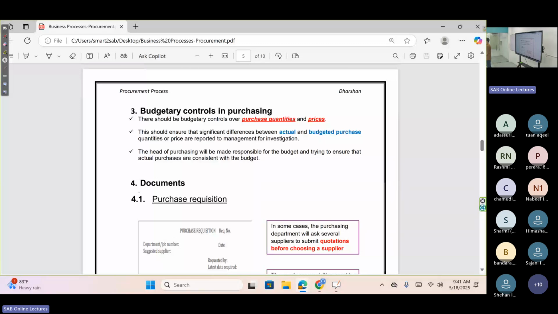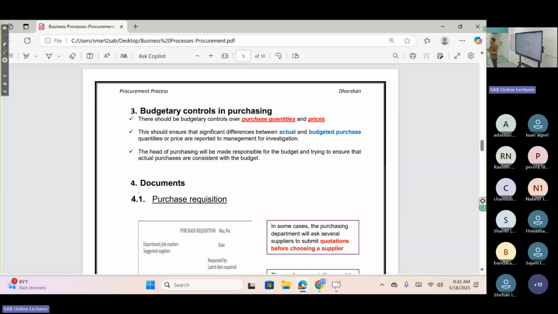Nowadays, a lot of organizations are adopting this system. Why have they adopted this type of thing? Because of reducing unwanted holding cost. If you don't have any budget limits or budgetary controls, your purchase cost will go up.